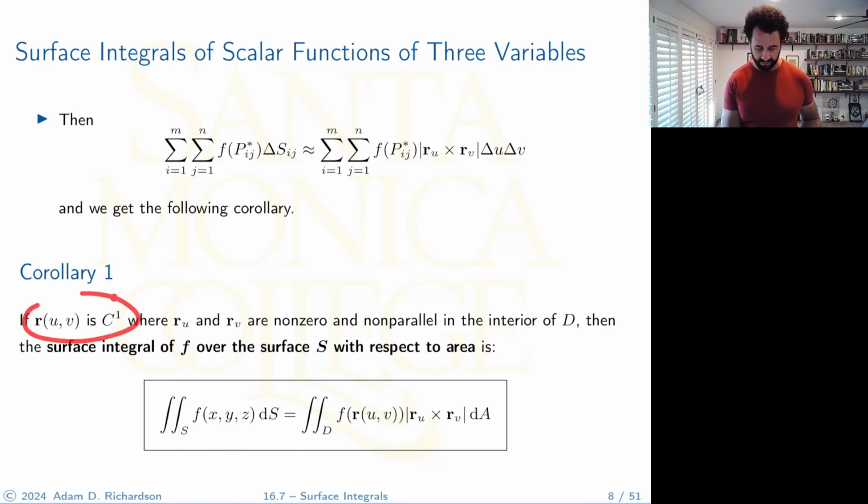So say our vector function is C1, where r_u and r_v are non-zero and non-parallel in the interior of D, then the surface integral of f over the surface S with respect to area is this.